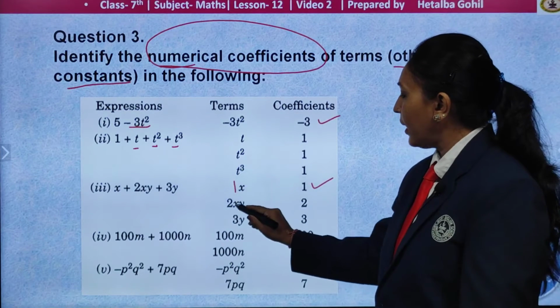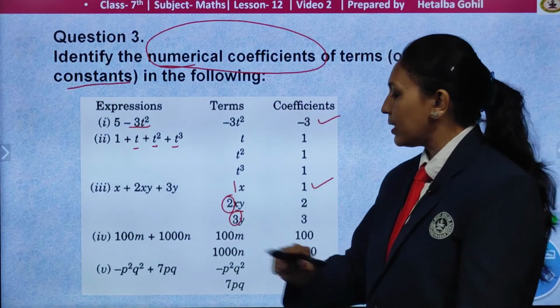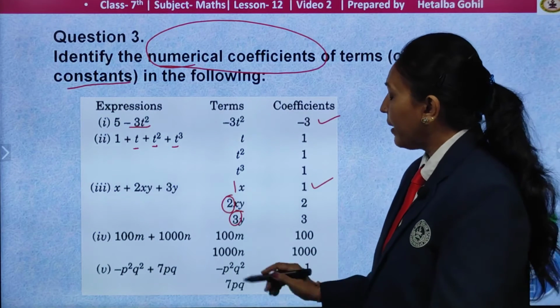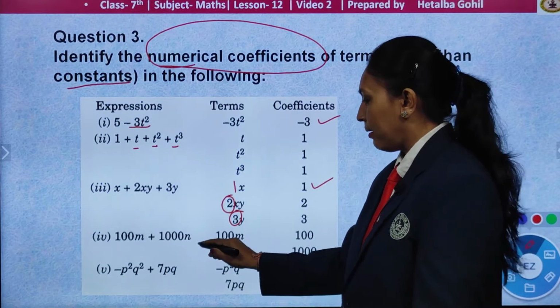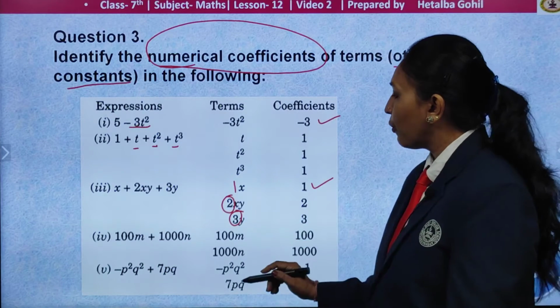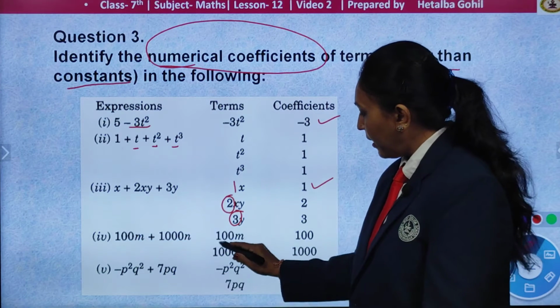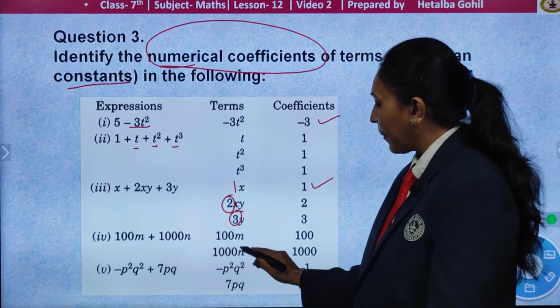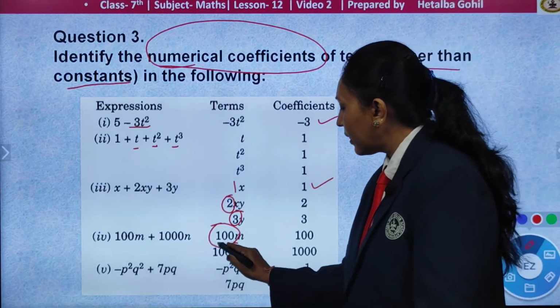Then 2xy, the coefficient here is 2. 3y, the coefficient here is 3. Next, 100m plus 1000n. The terms that have numerical coefficients are 100m and 1000n, and the coefficients here are 100 and 1000.